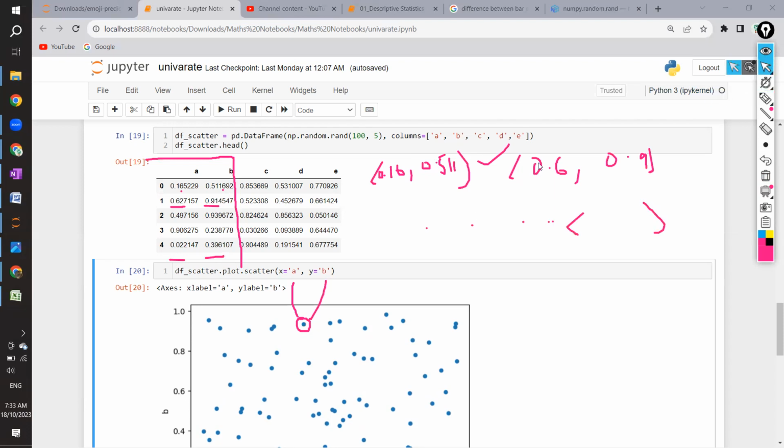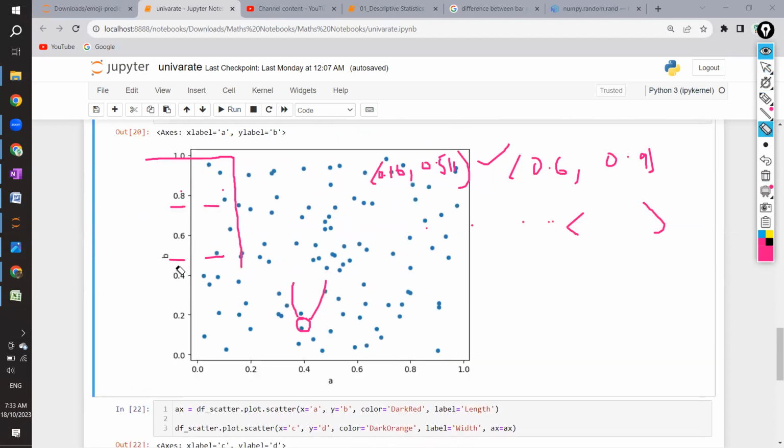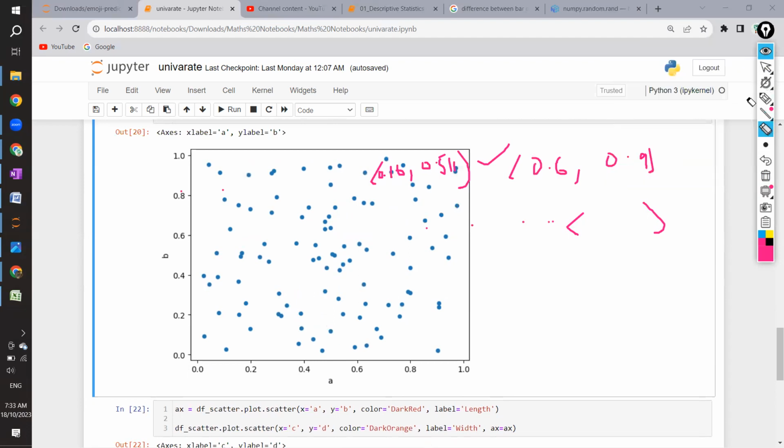Now you have the coordinates, and you can come here and plot. It's just pointing, nothing much. Here 0.16 on the x-axis, which is A, and 0.5 on the y-axis; somewhere you will have 0.5.